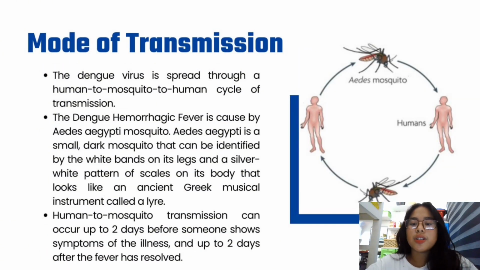Mode of transmission. The dengue virus is spread through a human to mosquito to human cycle of transmission. The dengue hemorrhagic fever is caused by the Aedes aegypti mosquito. Aedes aegypti is a small, dark mosquito that can be identified by white bands on its legs and a silver-white pattern of scales on its body, and looks like an ancient Greek musical instrument called a lyre.